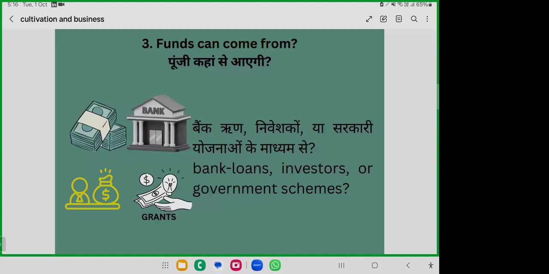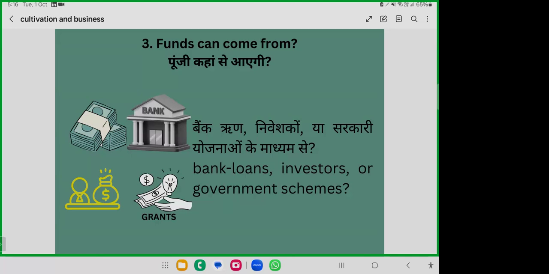Or if one wants to start a small business model, they can take Mudra as well. Or if they have some good plans, they can consult a consultant, and then they can approach an investor as well. And there are government schemes like cooperatives.